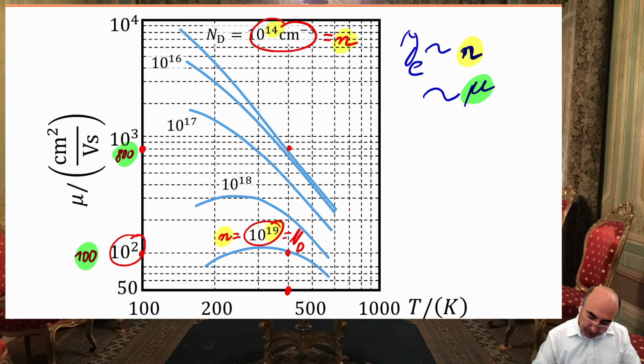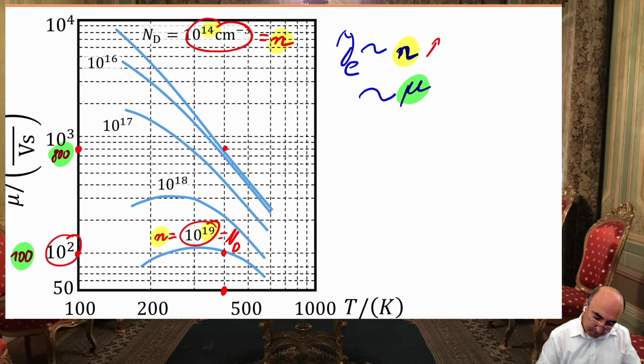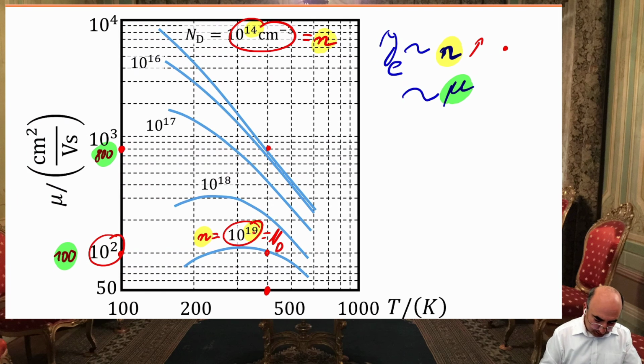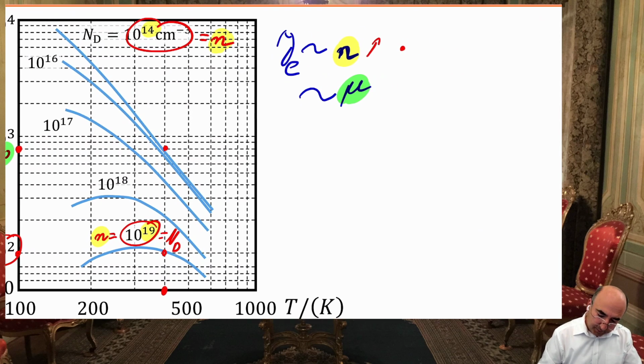So if we increase N from 10^14 to 10^19, by 100,000 exactly, we reduce the mobility by 8.